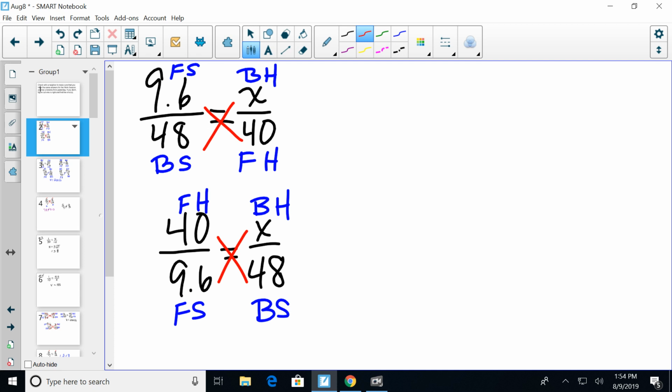Okay? So, which of these is right? The first one or the second one? Raise your hand if you feel it's the first one. Raise your hand if you feel it's the second one. All right, some people aren't saying anything. We're going to try this again.